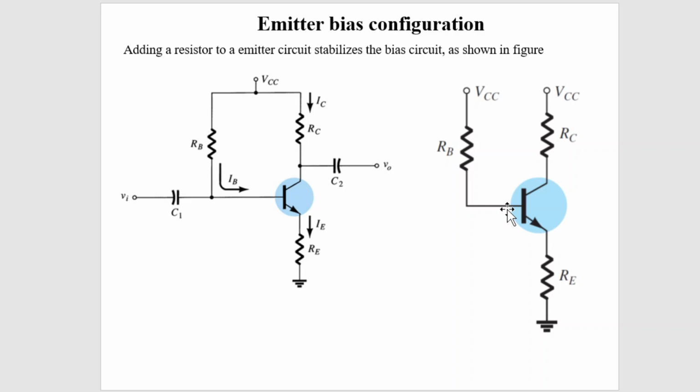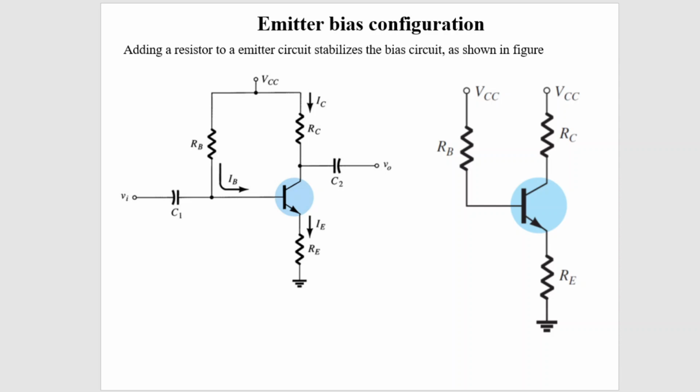Now one can do the analysis like we did in the fixed bias configuration also. Please remember one thing: here I have shown only plus VCC. That means the negative end of the DC power supply is also there, but it is not shown in the circuit, and it is grounded.